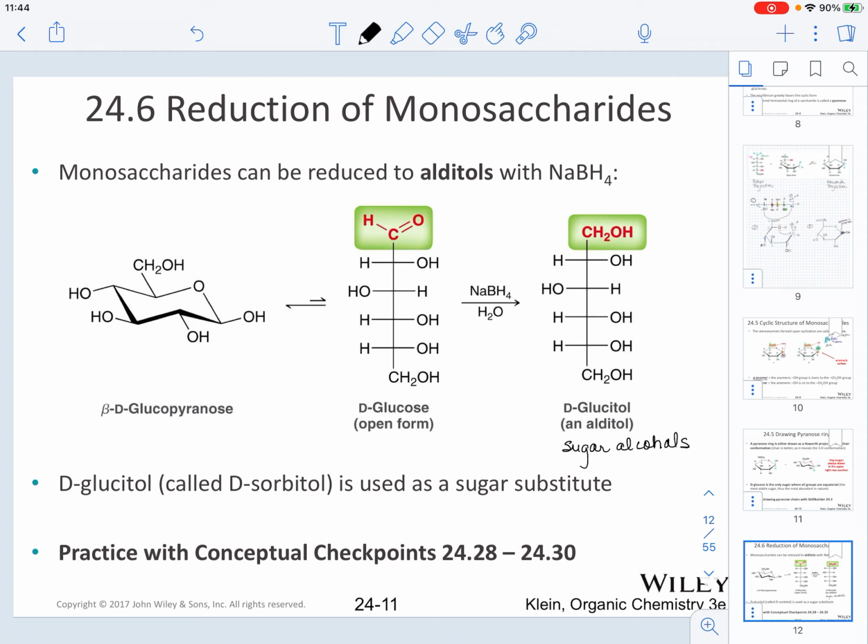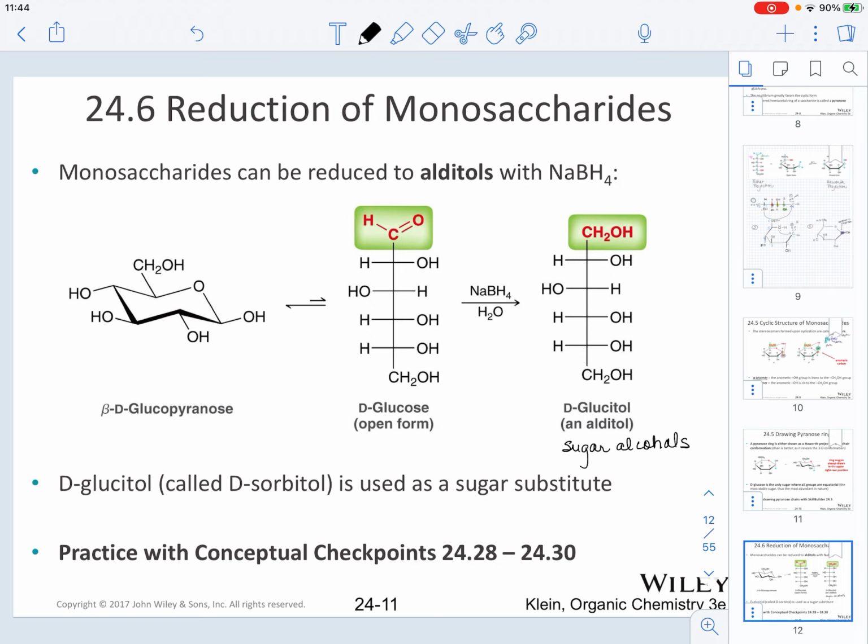And as you can see here, we have beta-D-glucopyranose. Now, even though we know that the glucopyranose is going to be the form which is the most favorable, understand that there's going to be an equilibrium between the closed form and the open form.